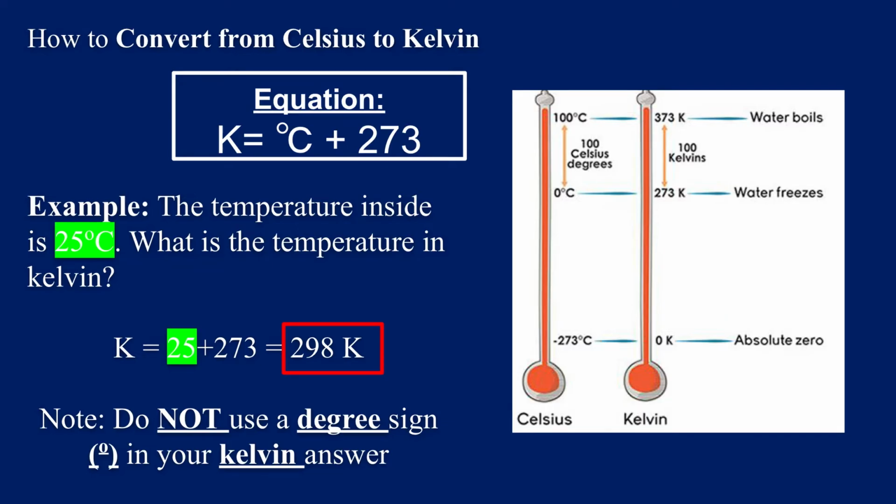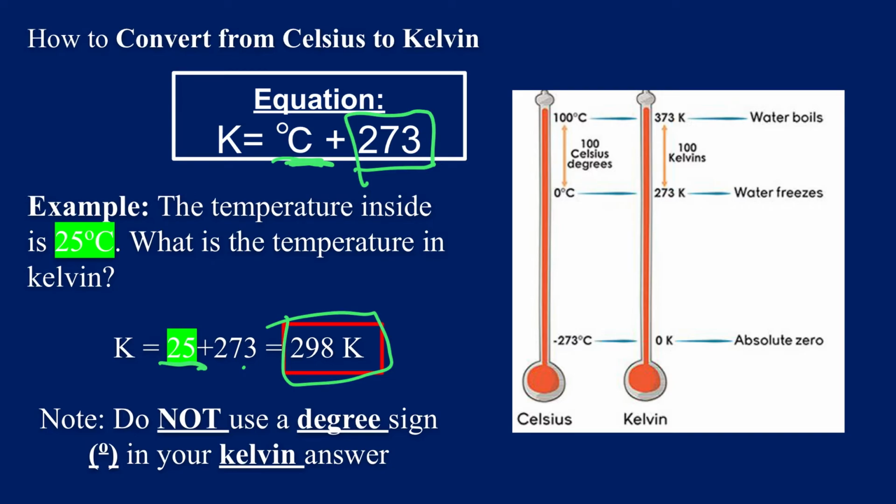If we're given degrees Celsius, we take our degrees Celsius and add 273 to it. So for example, the temperature inside is 25 degrees Celsius. What is the temperature in Kelvin? We take 25 plus 273 equals 298 K. So remember, don't use the degree sign in your Kelvin answer.